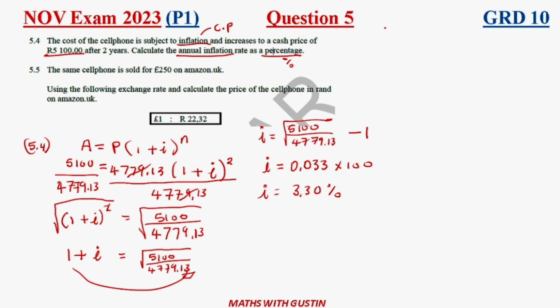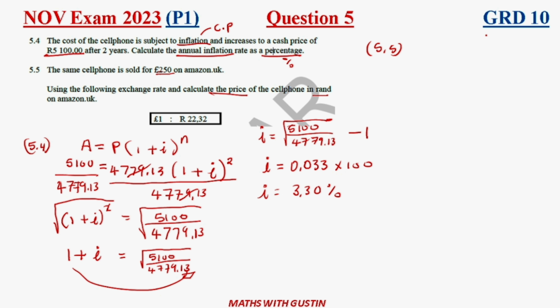All right, so let's move on to 5.5. 5.5 says the same phone is sold in the UK, it is sold for £250 on Amazon UK. Using the following exchange rate, calculate the price of the phone in rands.